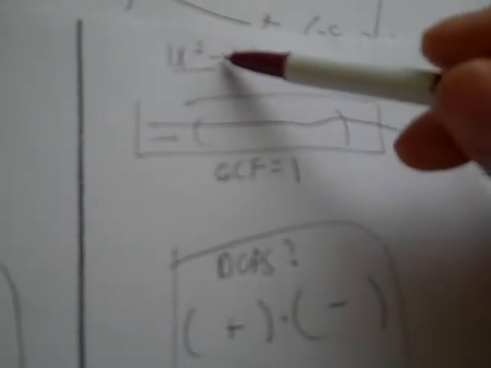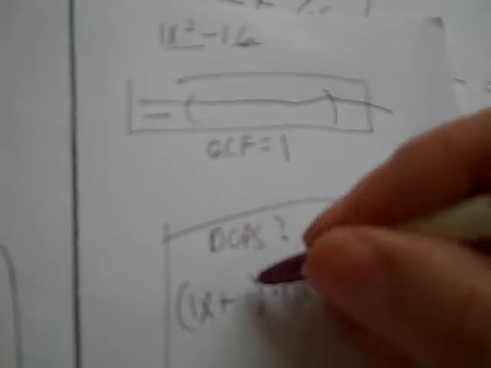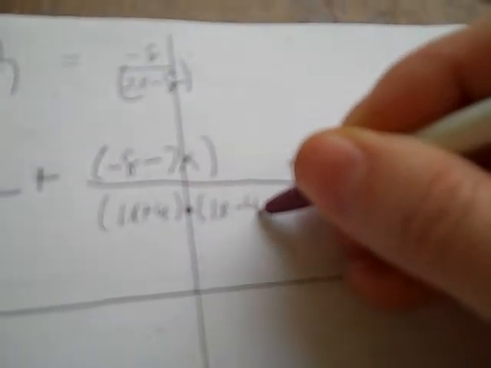I don't have x on everything. The GCF of 1 and 16 is 1, so I'm not going to do the GCF. But this is definitely a difference of perfect squares. We do have a minus. X is to the second, so I know that's x times x. 1 is a perfect square, 1, 1. And 16 would be 4, 4. Okay, so we need to rewrite that expression as 1x plus 4 times 1x minus 4.